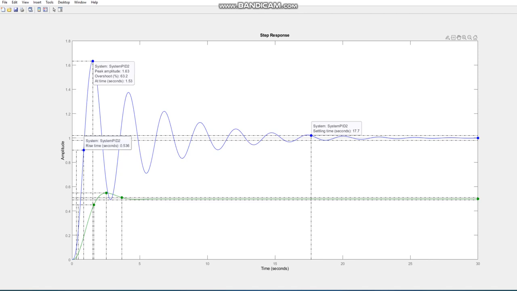The rise time of this PI is 0.536, and it overshoots 63% at time 1.53. The settling time of this PI graph is 17.7, and the steady state is 1.